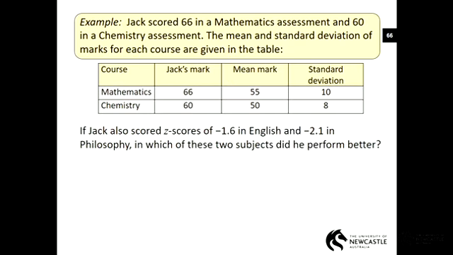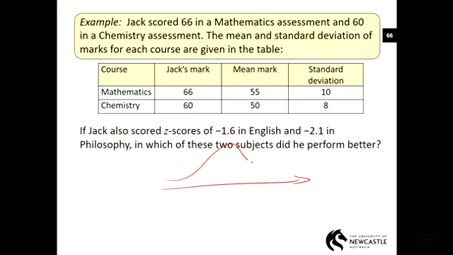Now, if Jack also scored Z-scores of -1.6 in English and -2.1 in philosophy, in which of these two subjects did he perform better? What would you rather get if you're trying to achieve a -1.6 or a -2.1? A -1.6. Further to the right. Again, just think of it like the number line.